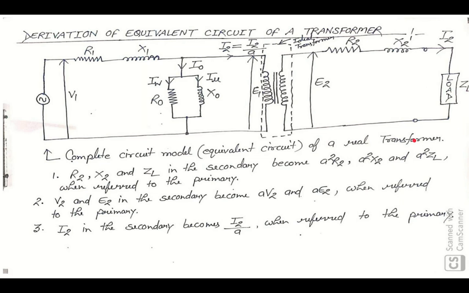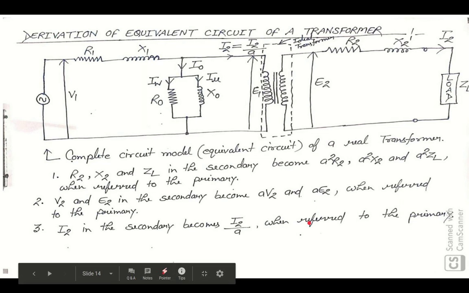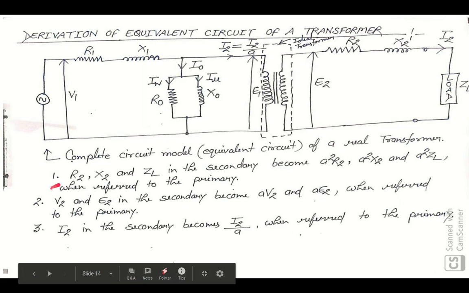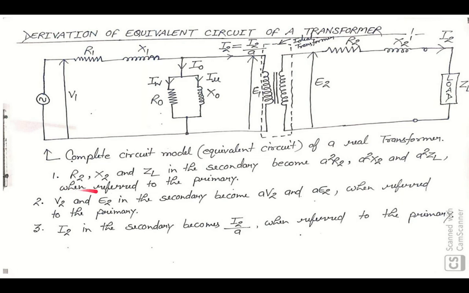So by this equivalent circuit of a transformer, which is also called the exact equivalent circuit referred to the primary, it can be deduced, firstly, that all secondary resistances and reactances are reflected to the primary as the square of the transformation ratio.